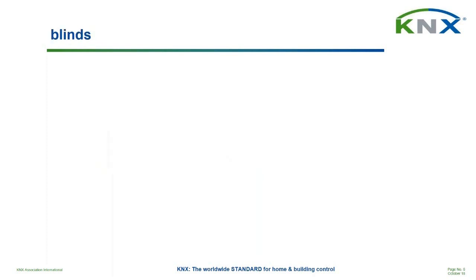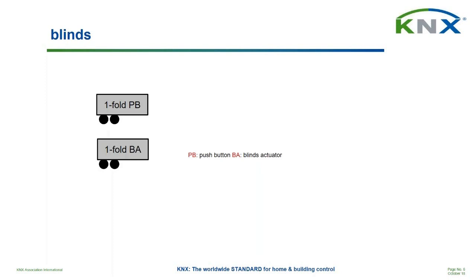Blinds, the next function, is again two devices, also two objects, where one set again is linked via group address 1, in order to exchange step-stop information, which has a length of 1-bit.